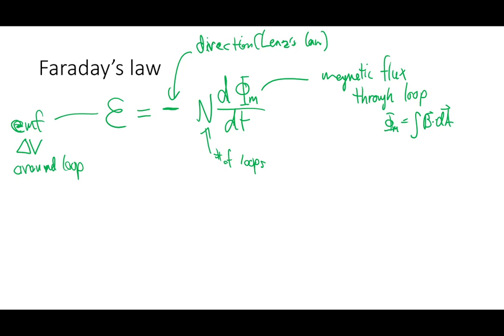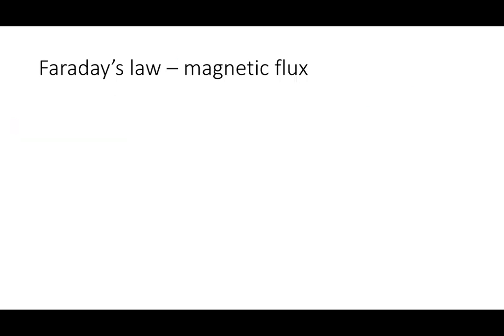And that's Faraday's law. Therefore, in order to get the voltage to get the current, you will need to have your magnetic flux changing. Well, you can have a few different strategies to change it.